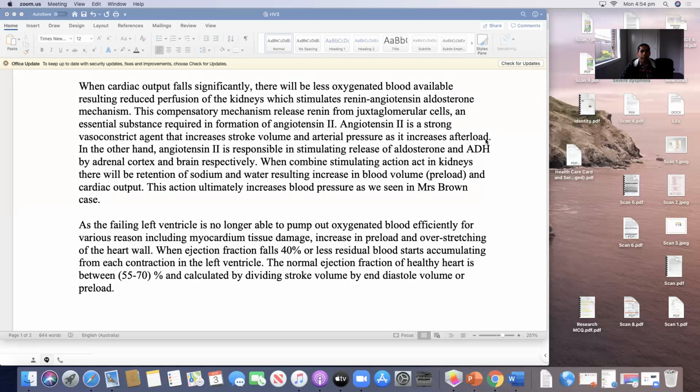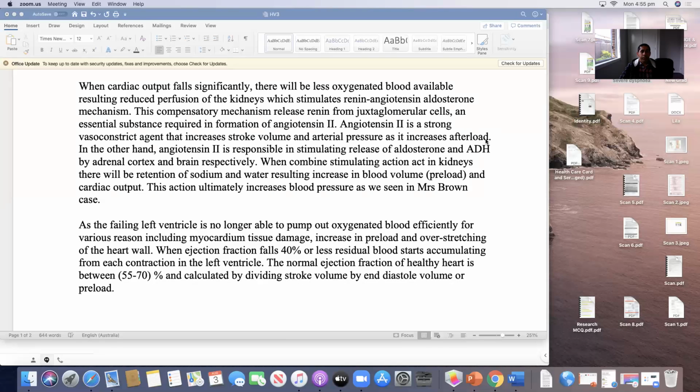This action ultimately increases blood pressure, as we've seen in Mrs. Brown's case. The failing left ventricle is no longer able to pump out oxygenated blood efficiently for various reasons, including myocardium tissue damage, increase in preload, and overstretching of the heart wall.